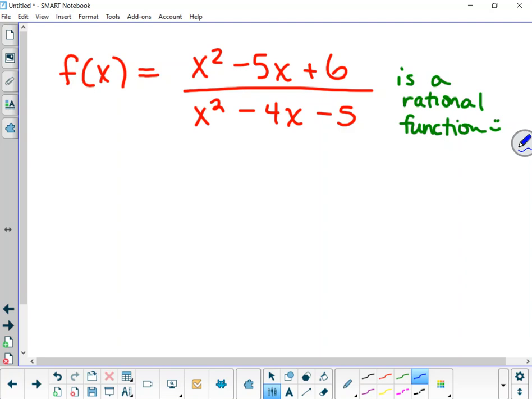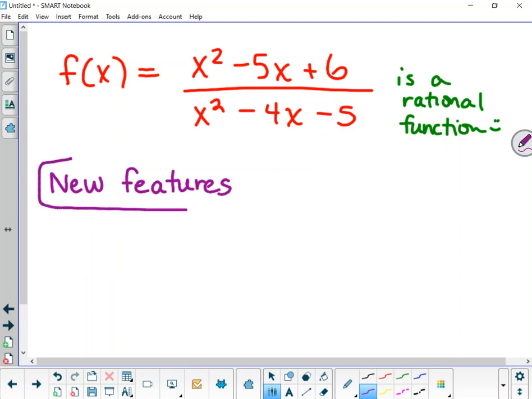They're kind of more of a pain. But we can still predict what they're going to look like with a little more help, and we can still create graphs. Now, new features: things that rational functions have that polynomial functions don't.